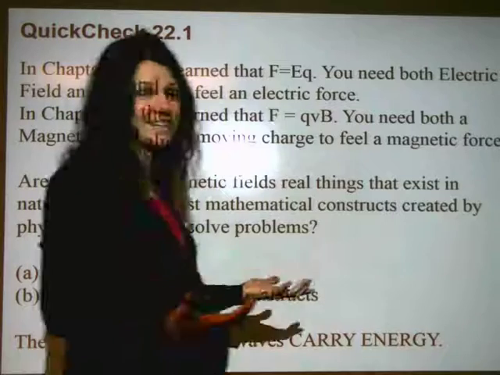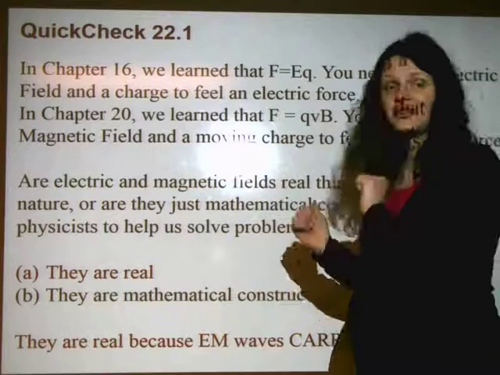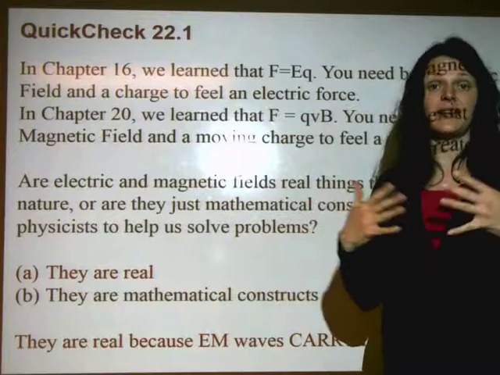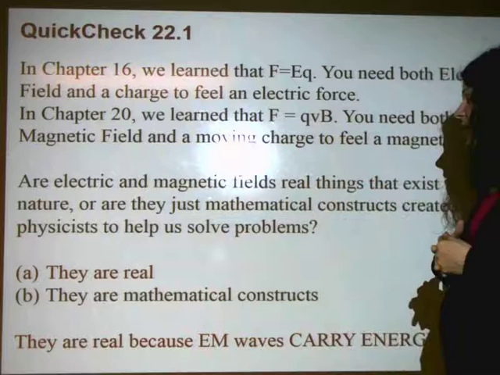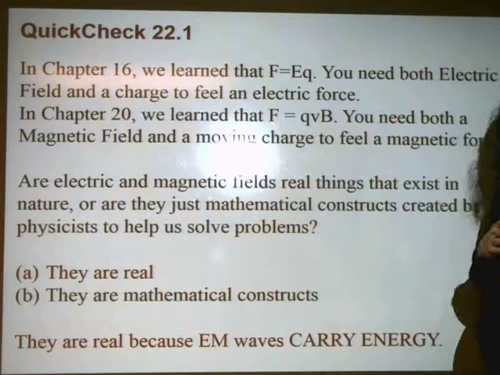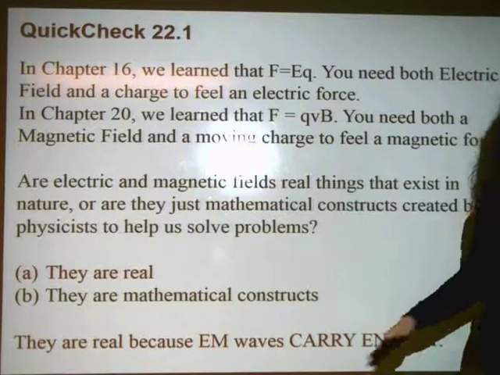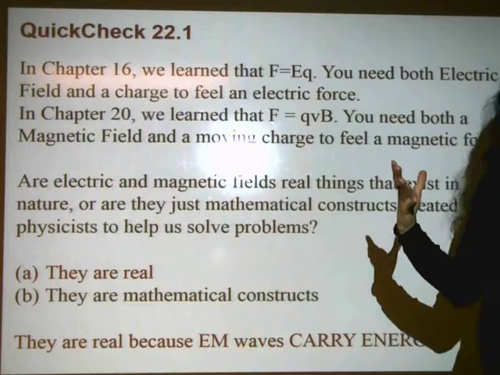The answer, which may be surprising, is that these are actually real things. Electromagnetic waves are oscillating electric and magnetic fields. One way we can prove that they are real is that they are able to transmit energy, right?